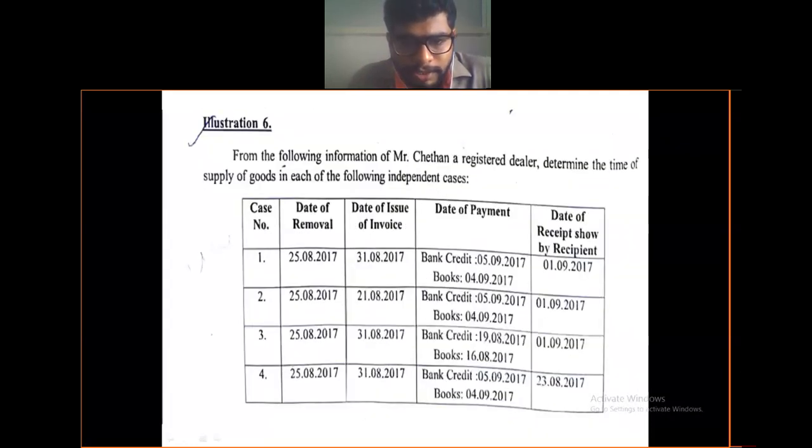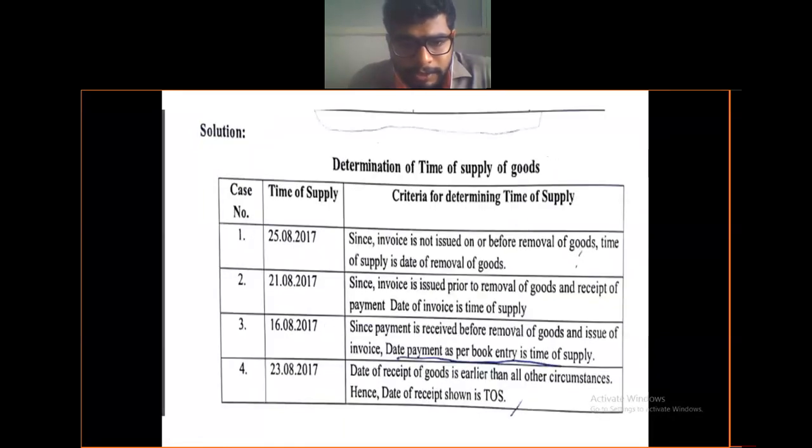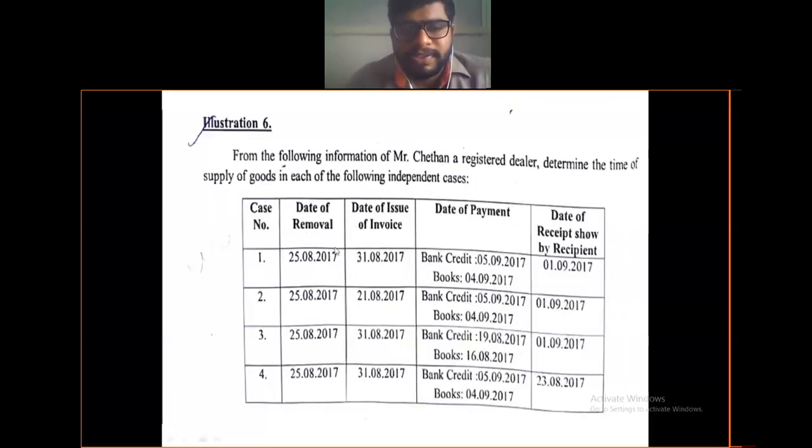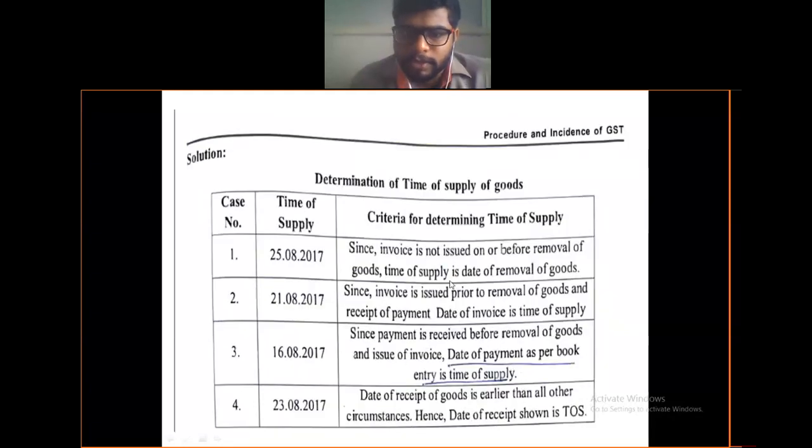Are there any changes in the dates? 25th, 31st. I don't think so. Yes, it is the same. So I will not discuss it again. Problem 5 and 6 are actually the same. Go to problem number 7.